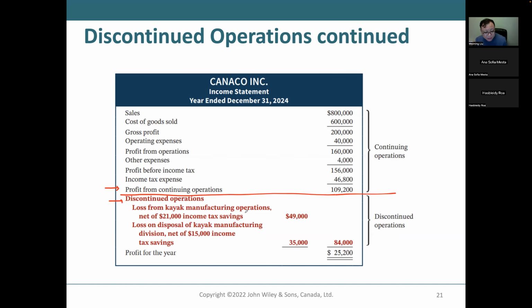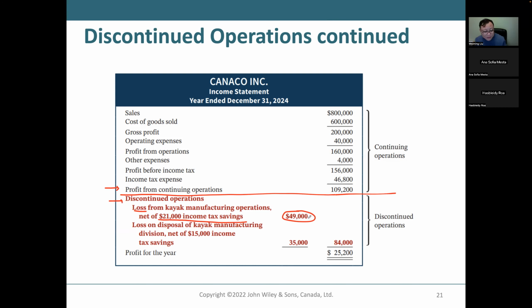That's from this operation. They have a loss, net of 21,000 income tax saving. When you have a loss, your income will be lower, so the tax will be lower. So there is a saving in the income tax. But the net loss is 49,000.